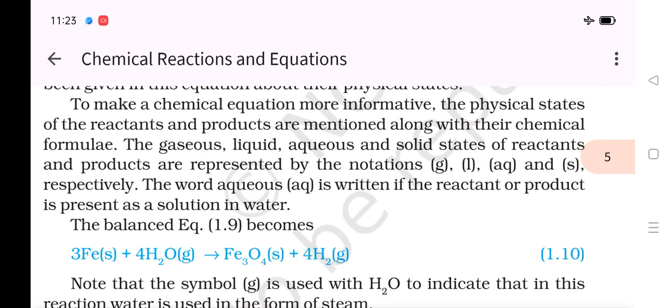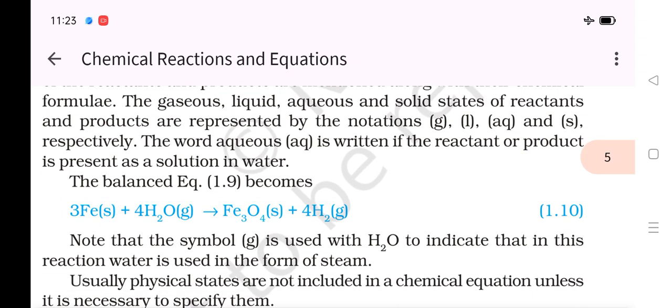The gas, liquid, aqueous, and solid states of the reactants and products are represented by the notations g for gas, l for liquid, aq for aqueous, and s for solid, respectively. The word aqueous is written if the reactant or product is present as a solution in water.